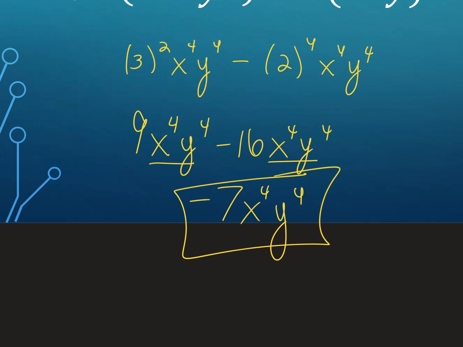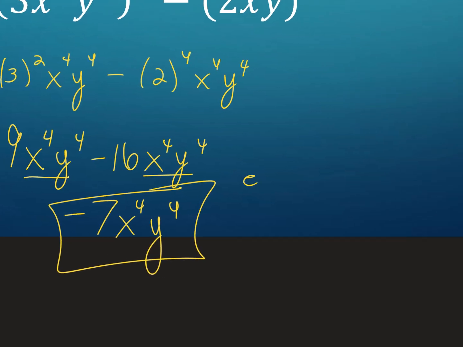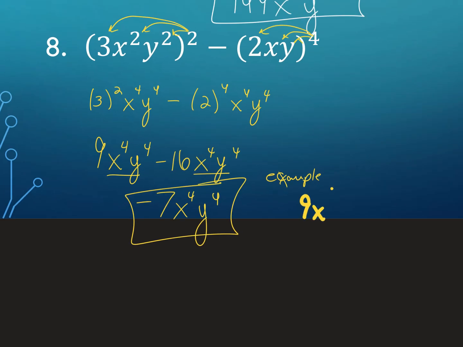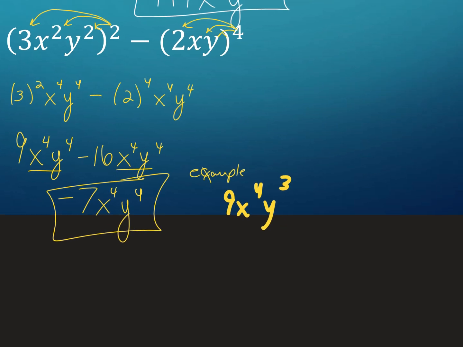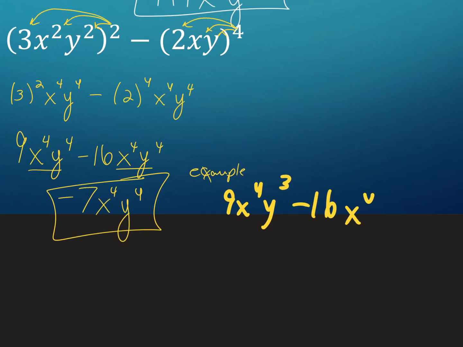Let's do an example. Let's say it was 9x to the 4th, y to the 3rd, minus 16x to the 4th, y to the 4th.